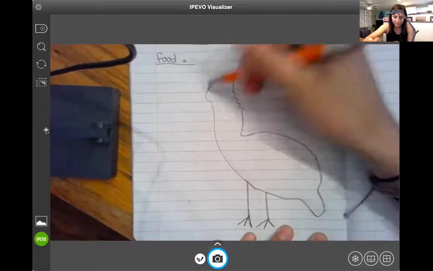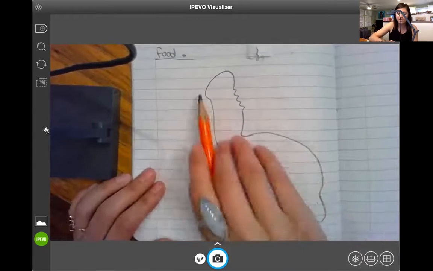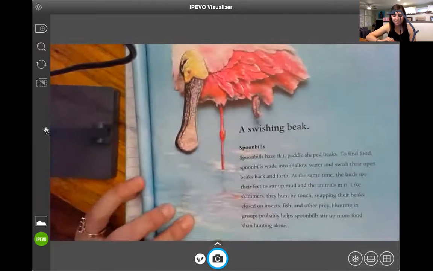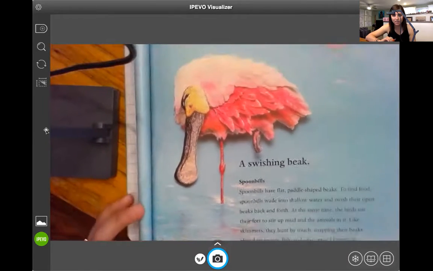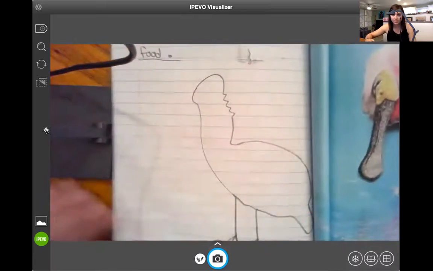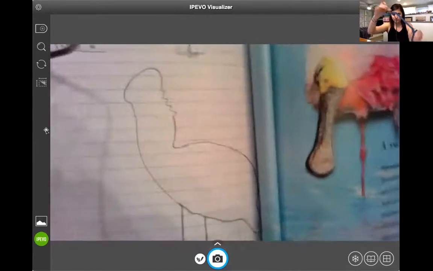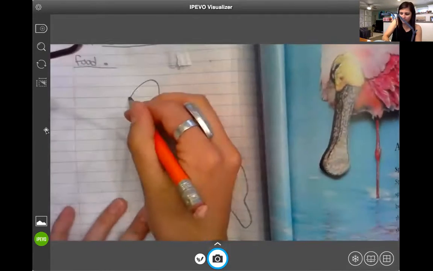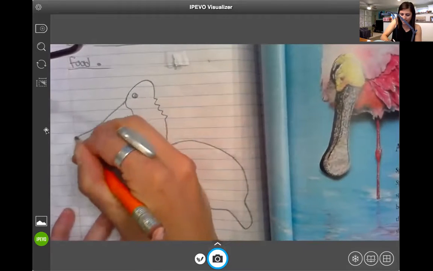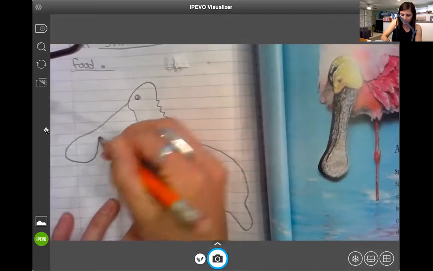So now we need to draw that flat paddle-shaped beak. So if you want, pause it. That way you can use that as your drawing. I'm gonna come right here and look for a little eyeball too. And it's flat and it's paddle-shaped.